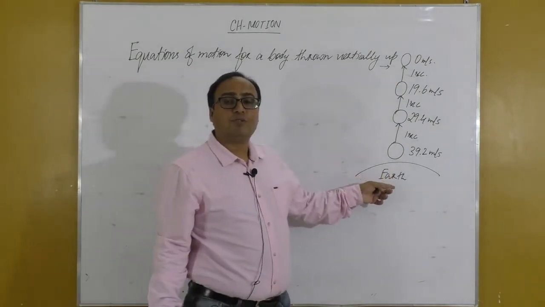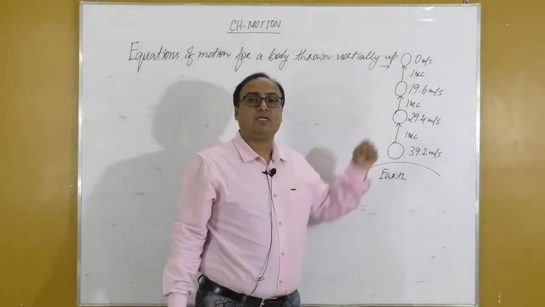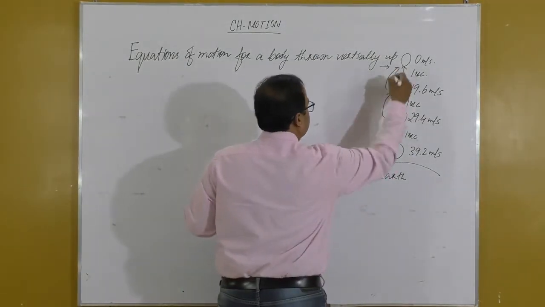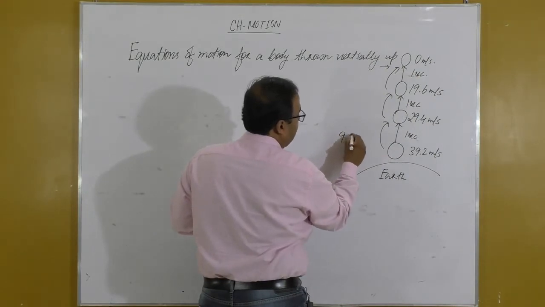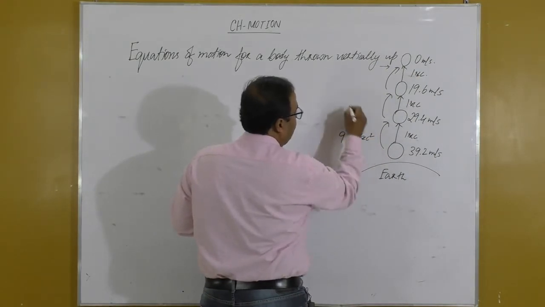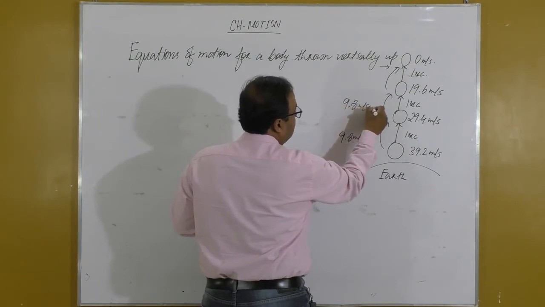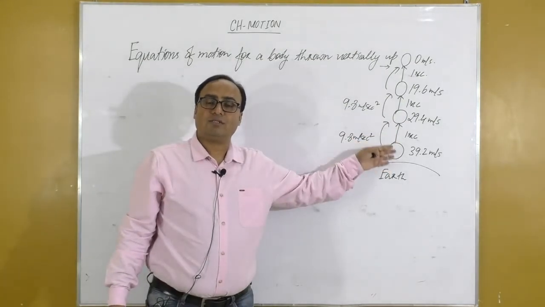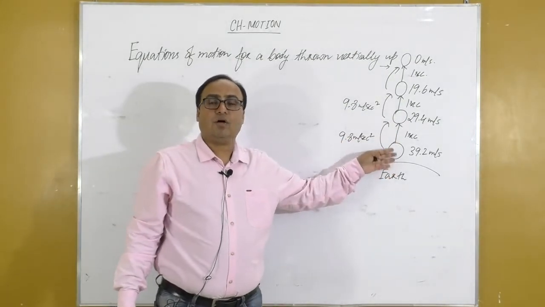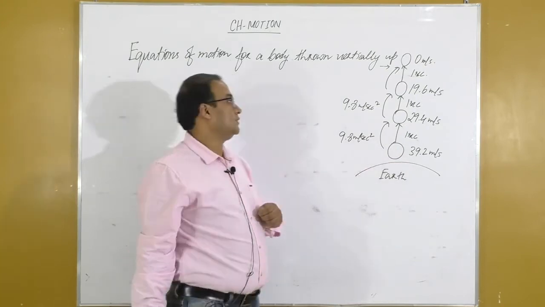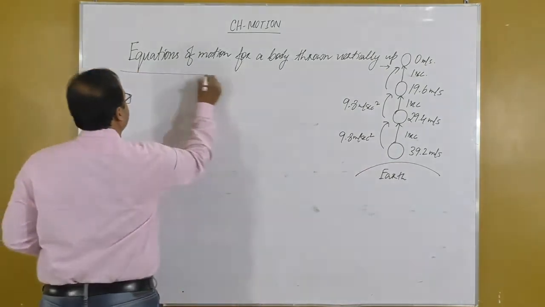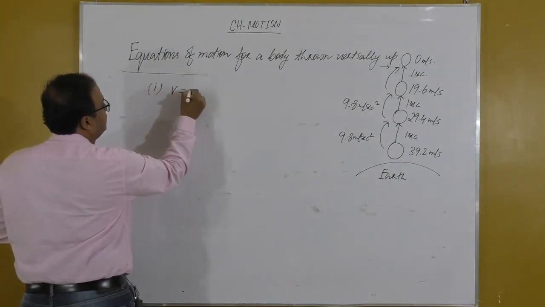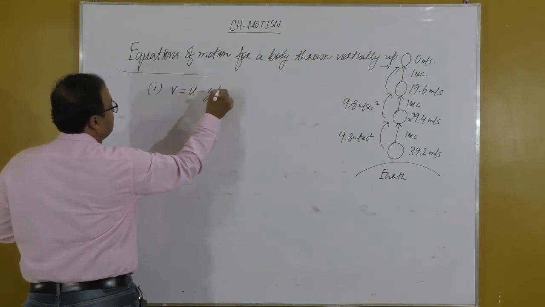So when a body moves vertically up, it moves under retardation, and if you calculate retardation between any two positions, you will get the value 9.8 meter per second square every time. That means if a body is thrown vertically up, then also it moves under constant retardation, or we can say negative of acceleration. So in this case, the equations of motion can be written as v equals to u minus gt.